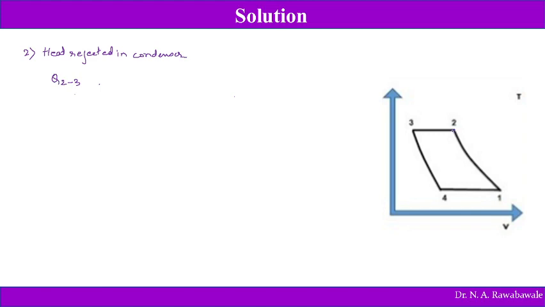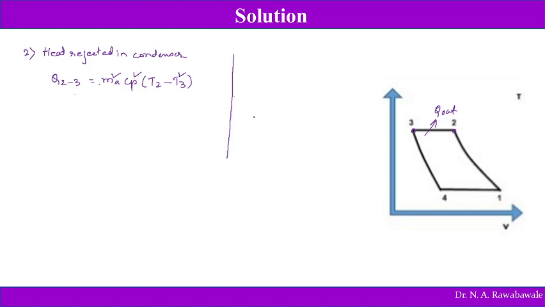So heat is rejected in this condenser, Q out, which is given by MA Cp (T2 minus T3). We know T3, we know MA, we know Cp. What is not known to us is T2.